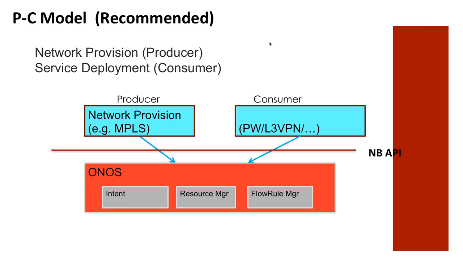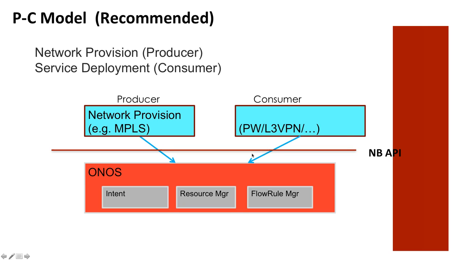So we were thinking, eventually when you support L3 VPNs, you basically need two steps. The first is you provision the network to build up the tunnel, what we call the network provisioning. It's the producer. Later, after you finish provisioning the network, you install your service, pseudo-wire and layer 3 VPNs, on the edge. So the service is installed on the edge, or some potential service point.